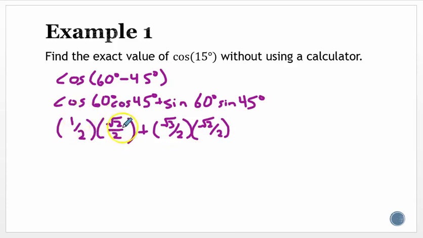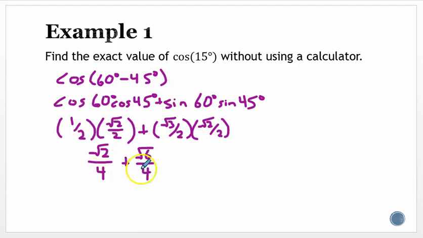And then the rules for multiplying fractions together, you do top times top. 1 times square root of 2 is square root of 2. And in the bottom, 2 times 2 is 4. For the other fractions, we have square root of 3 times square root of 2. Since both of these numbers are inside of radicals, you can multiply those together to get square root of 6. And then in the bottom, 2 times 2 is 4 again.